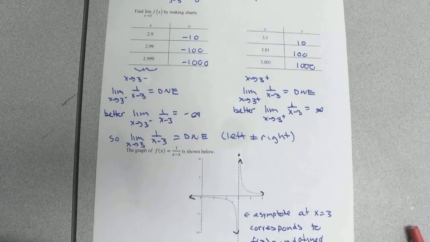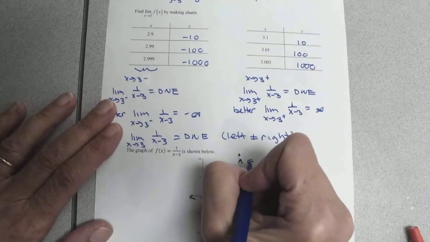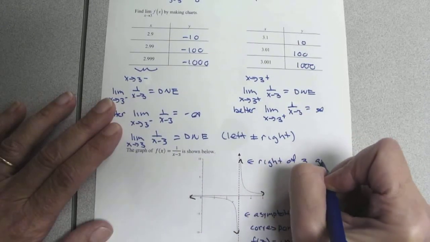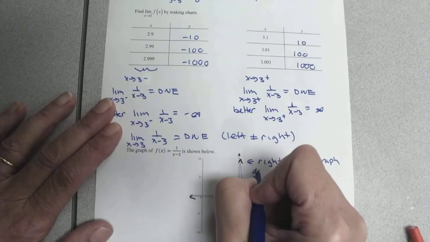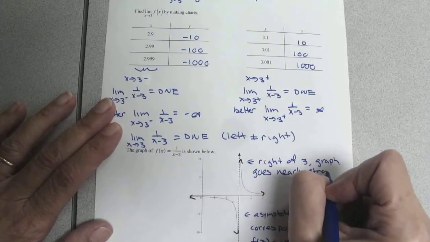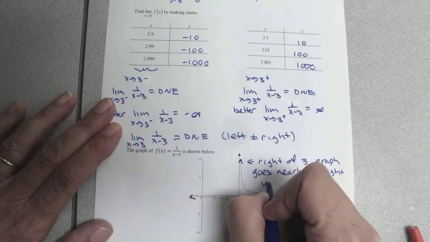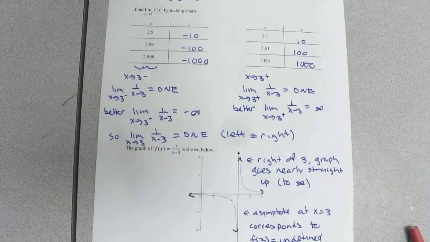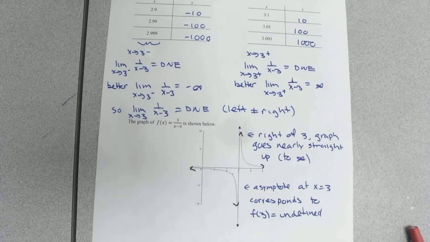But when I look over here on the right of 3, the graph goes nearly straight up to infinity. And that corresponds to the limit as x approaches 3 from the right going to infinity.